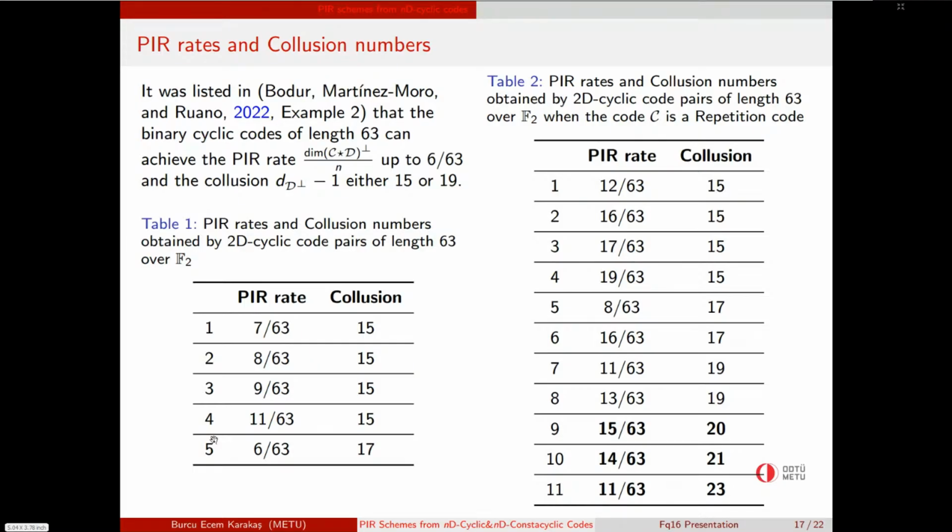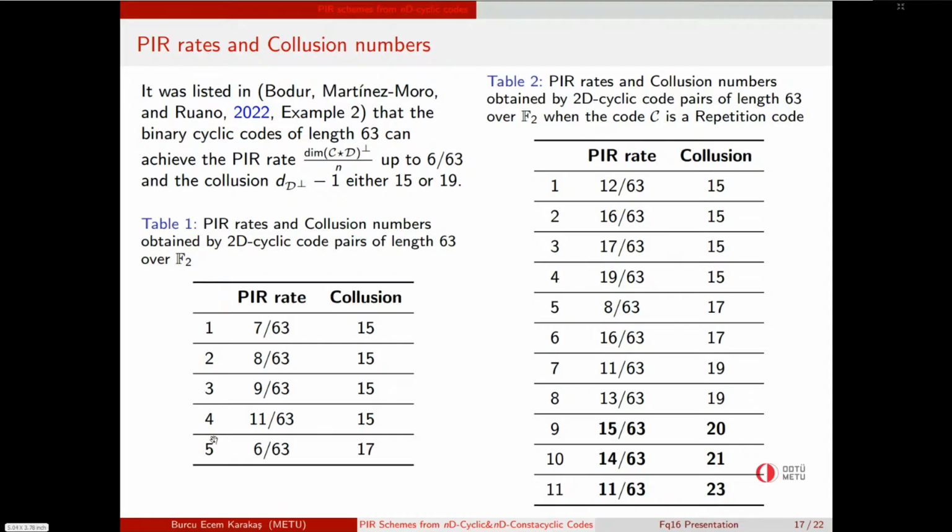So if you look at the first table, we used 2D cyclic code pairs of length 63. They are strictly 2D cyclic codes. They are not isomorphic to cyclic codes here. And if you look at the 15 collision number, we have better PIR rates than 6/63. And for the last one, for 6/63, we have 17 collision number.